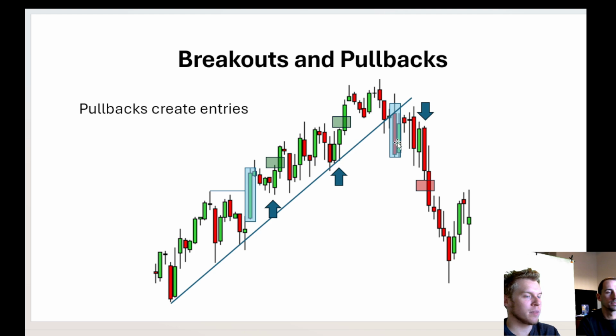So these attempts to reverse this breakout, they're trying, but they're failing. They try here and they fail. They try here and they fail. And when the market's trying to do something a couple times and fails, it often just ends up going the opposite way. So that's what happened here.